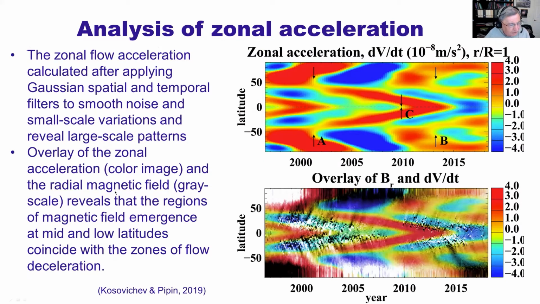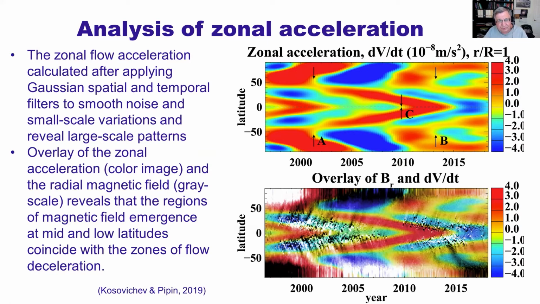Then we took a slightly different approach to analyze the torsional oscillations. We look at zonal acceleration. In general, it's always an advantage when you study any wave phenomenon to look at acceleration, and also it removes the ambiguity when we look at variations of differential rotation.